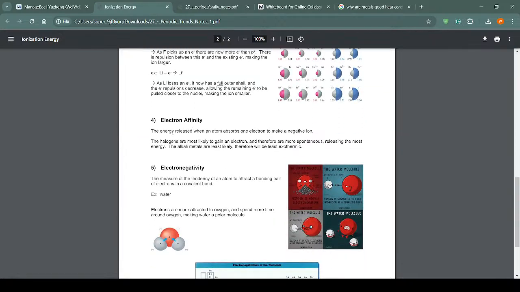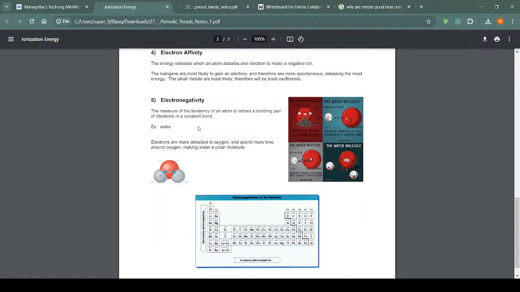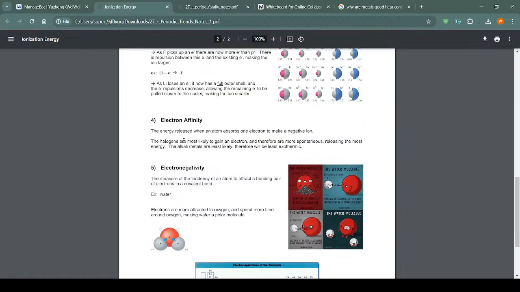Electron affinity, energy released when an atom absorbs one electron to make a negative ion. Absorbs one electron. Electronegativity makes sense. Yeah. The energy released when an atom absorbs one electron to make a negative ion. More spontaneous, releasing the most energy.